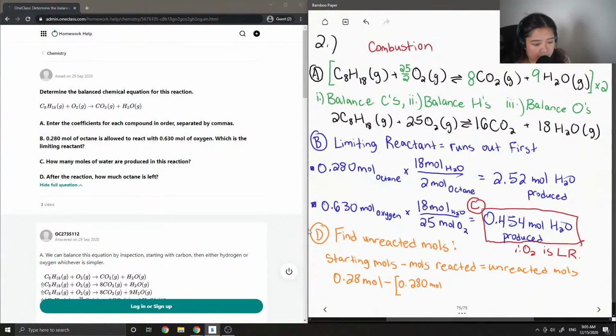Okay, so it's going to be multiplied by 2 moles over 25. And then this will give us the unreacted moles.